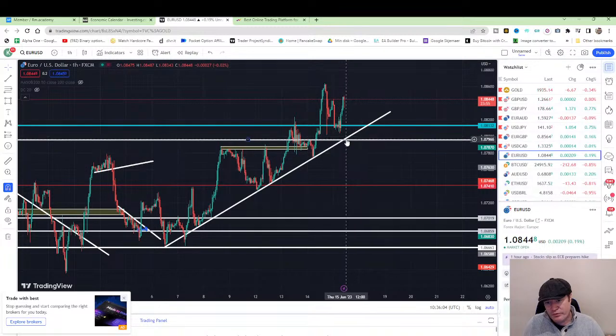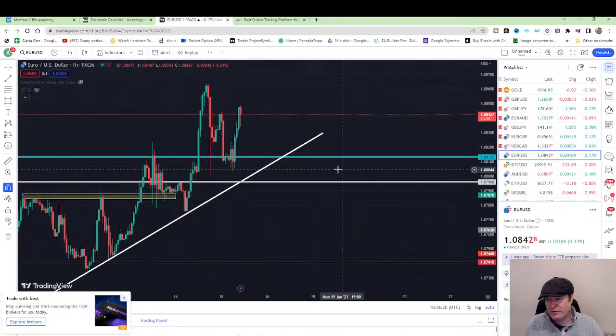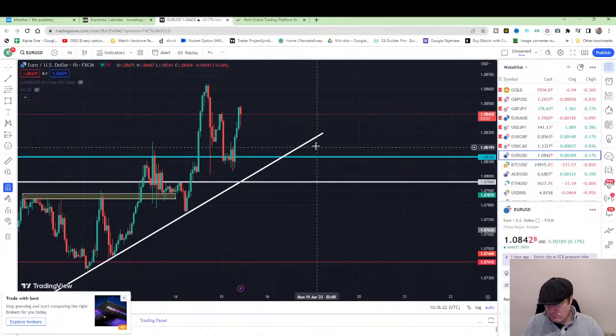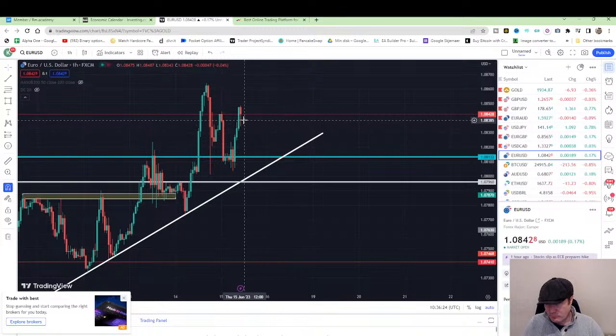Here also we want to take trade close to the trend line at least. We form this ugly M, and now we come up to here. It looks like we get a retest of this area here, and probably will go up from here. Problem, this area is not that strong.